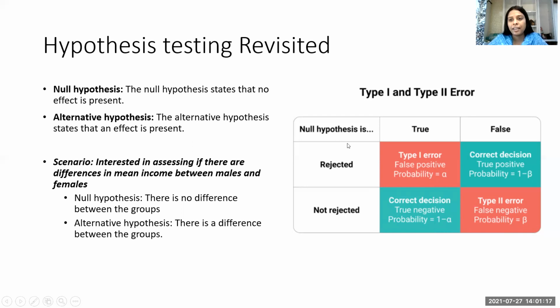Now, there's a second error, which is the type 1 error. This happens when the null hypothesis is true in a real scenario. So there is no difference between the groups. That is what is happening in the real scenario. But we are rejecting the null hypothesis and accepting our alternative hypothesis based on the sample that we have collected.